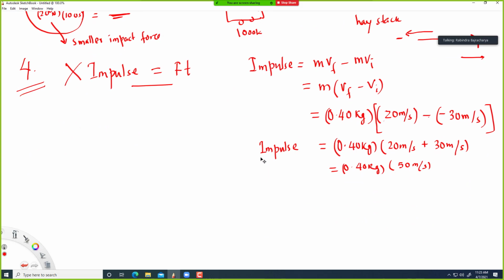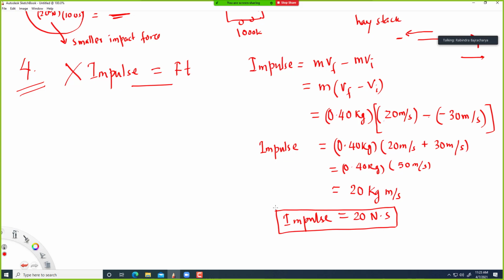Is that 20? Yes, 20. You can use either kilogram meters per second or Newton second, whichever you want. It could be kg meters per second, or it could also be 20 Newton second. That's the impulse.